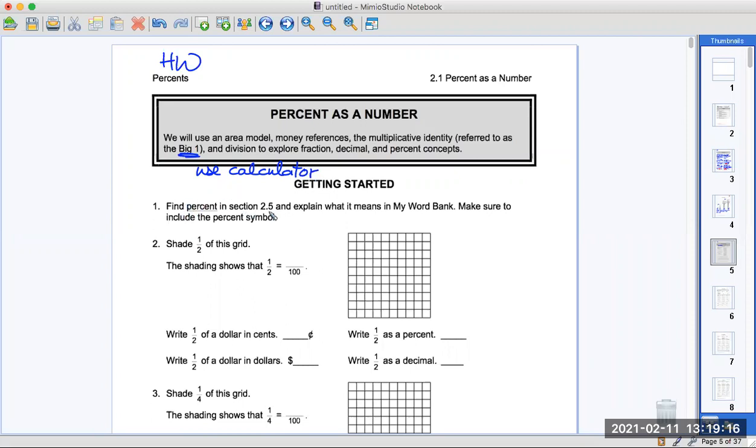We already filled in section 2.5. We already filled in the word in our word bank. If it's not in the word bank, you need to go to the back of the book and look it up, where after the vocabulary puzzle, okay? Make sure you include the percent symbol. Shade 1/2 of this grid. The shading shows that 1/2 is how many out of, these are 100 squares.